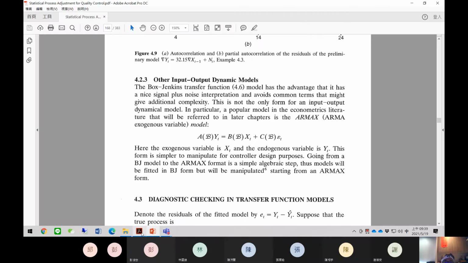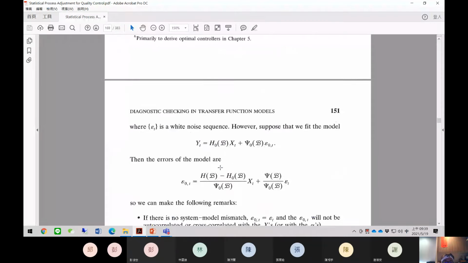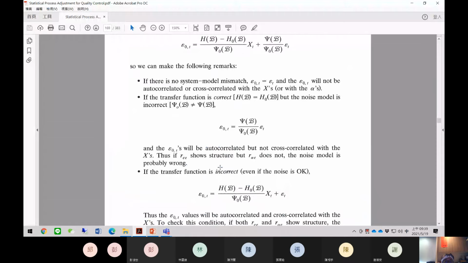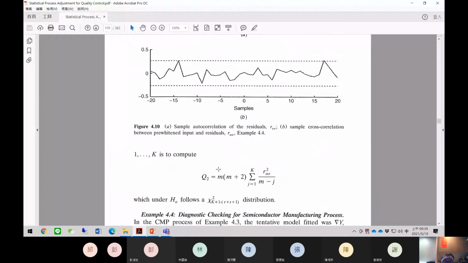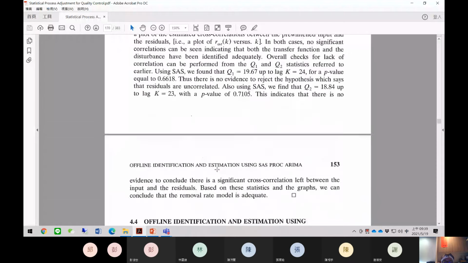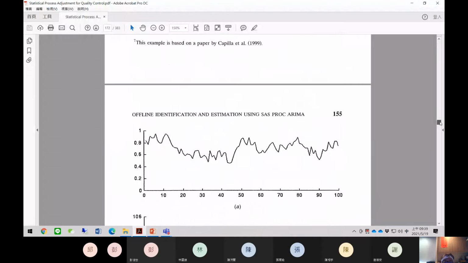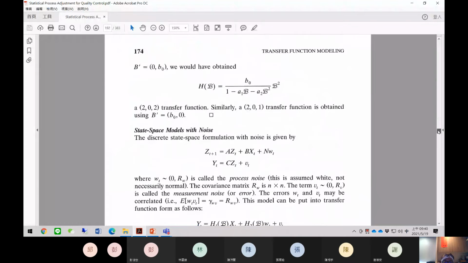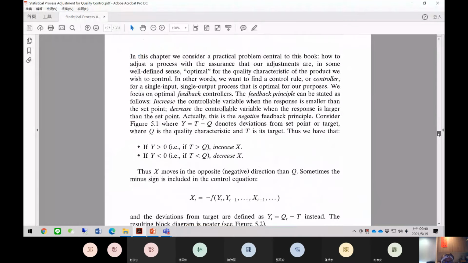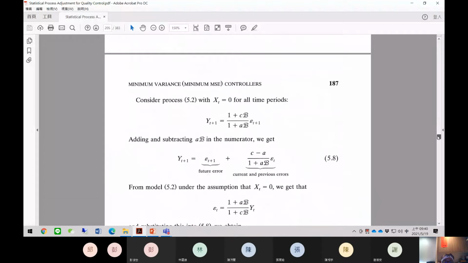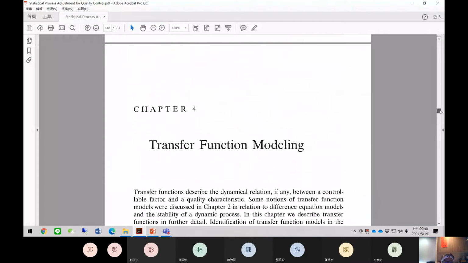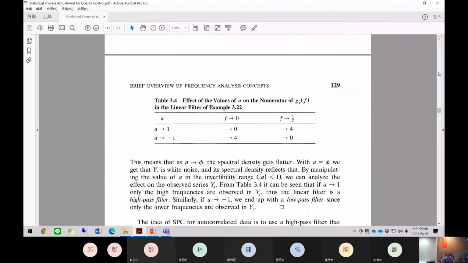Typically, yeah, let me see. Do we have... no. No, it doesn't have it. Okay, it doesn't come with an illustration.